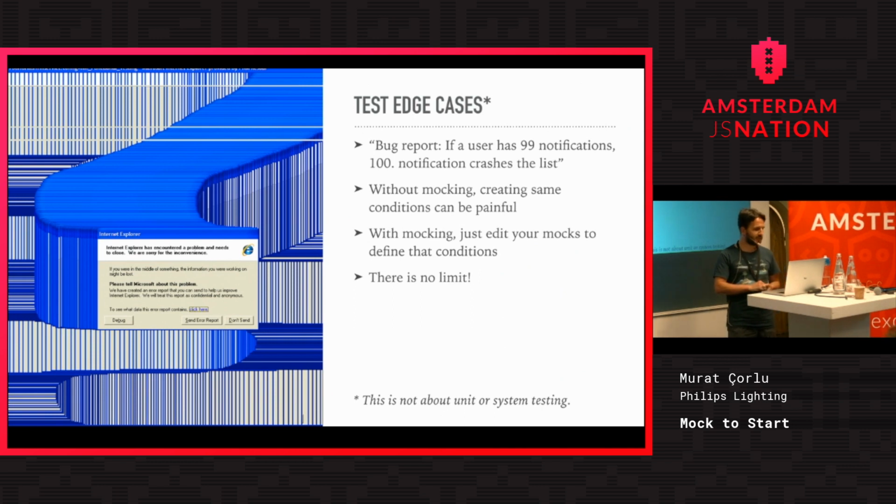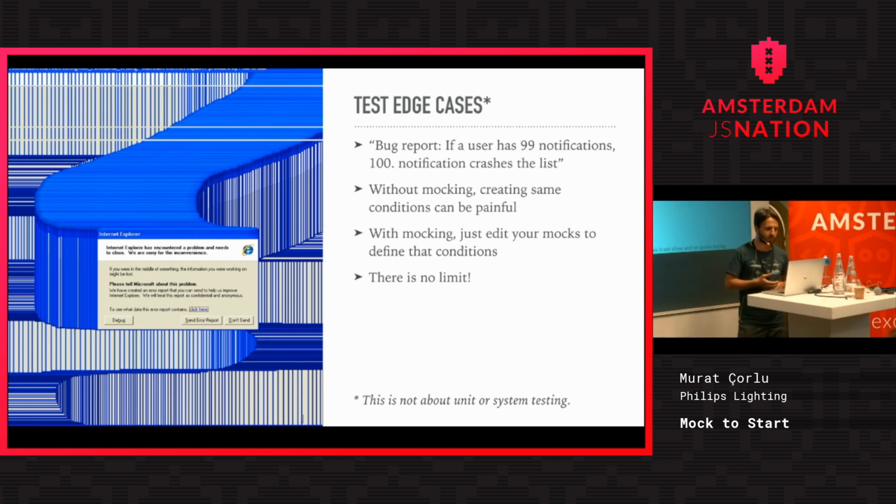Sometimes we hear very interesting issues from our users. Probably all of you have that kind of problems, that we did not test it, or it's not very easy to test. Some test cases could be very hard to test if you are just testing with your real endpoints.